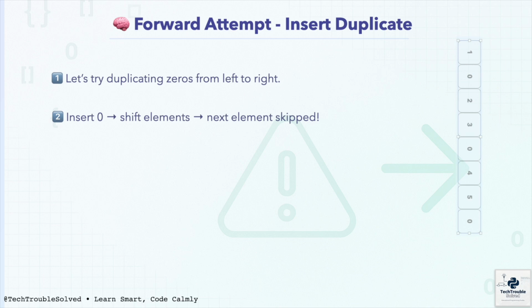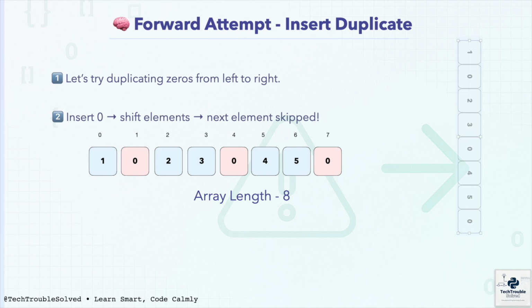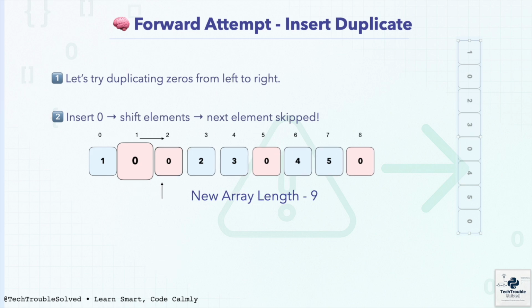So let's say here at index 1 we find the first zero. We will insert the duplicated zero at index 2. So from the next element onwards our array will shift. Before inserting the duplicated zero, our array length was 8. Now, after inserting the duplicated zero, our array length is 9.